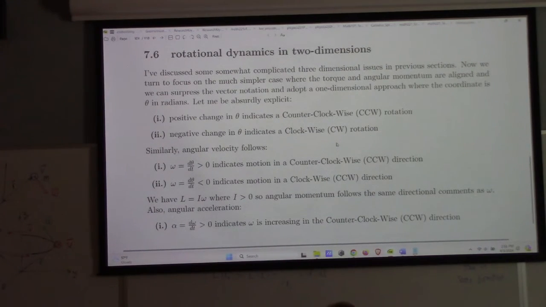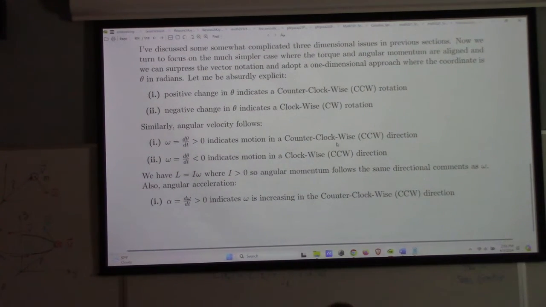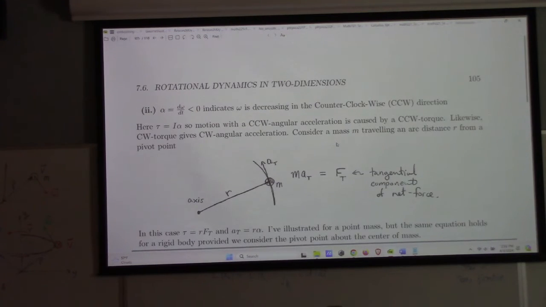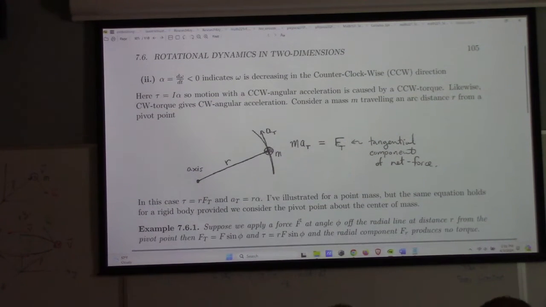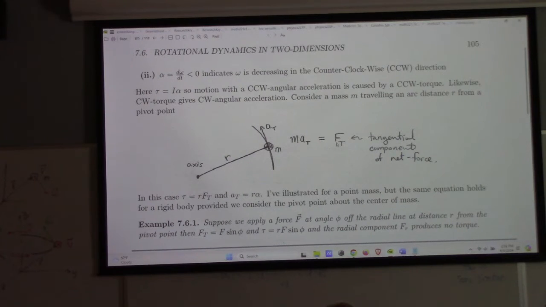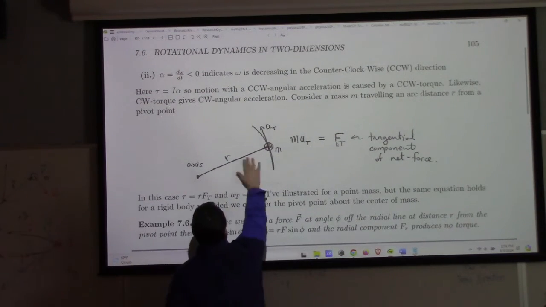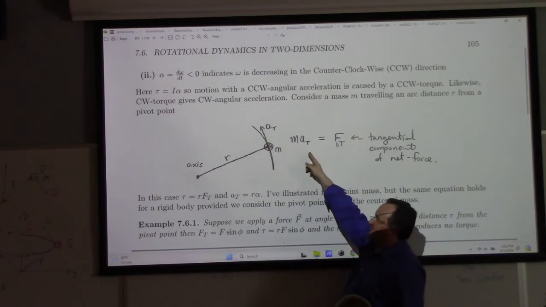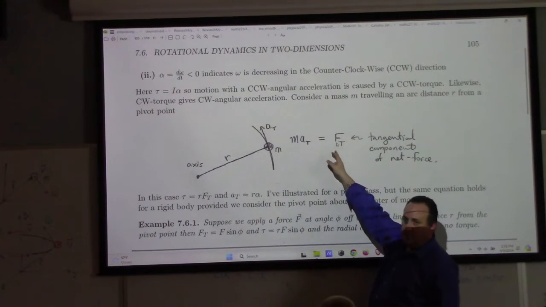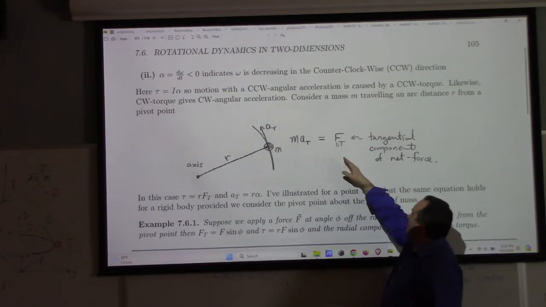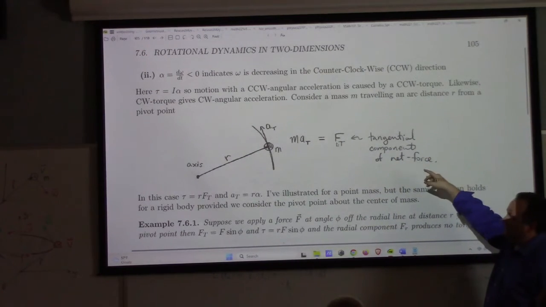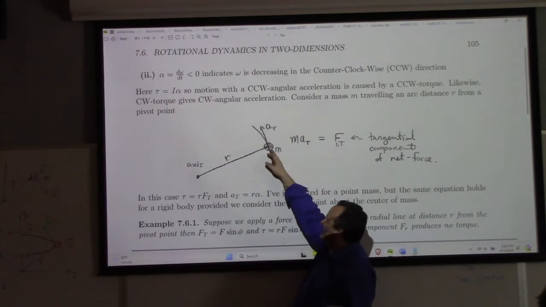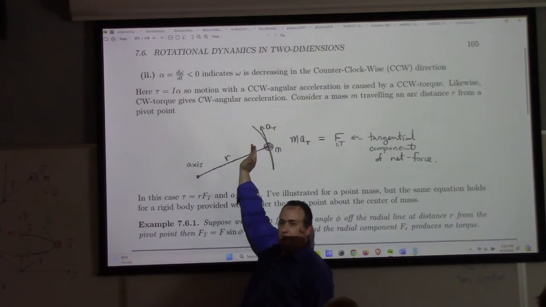So I wrote this very boring page out to just say the obvious here again. So if this is the case, in this context, the torque is equal to, so what's the story here? In this two-dimensional context, we have a mass, we have a radial arm. The mass times the tangential acceleration is equal to the tangential force, right? But notice that the torque on the mass is r crossed F, right?